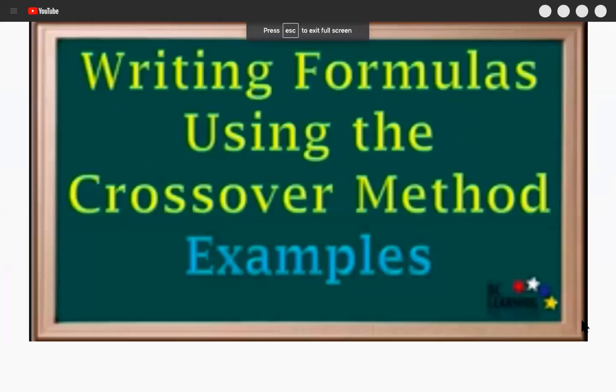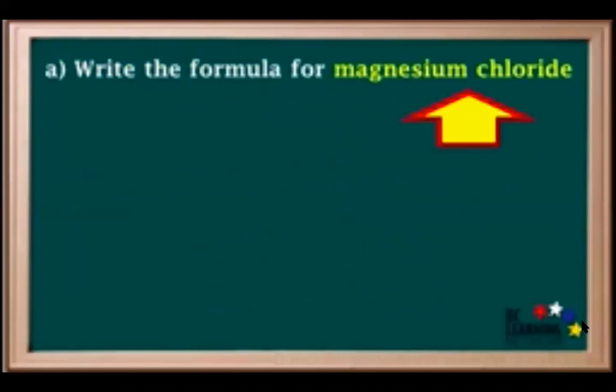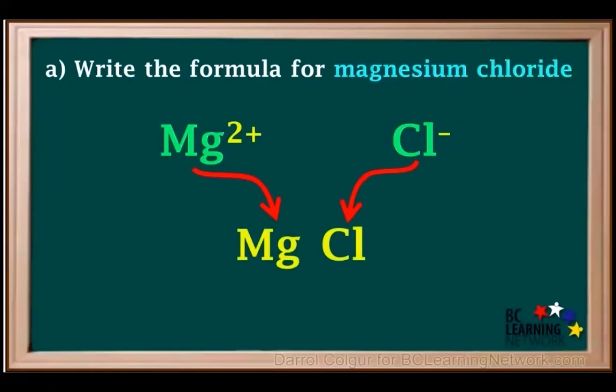The crossover method is a shortcut way of writing formulas for ionic compounds if you know the charges on the ions in the compound. We'll go over a few examples. In example A, we're asked to write the formula for magnesium chloride. Looking at magnesium on the ion table or periodic table, we see it's Mg with a charge of 2 plus. And chloride is Cl with a charge of minus 1. We start the formula by writing down the symbols Mg and Cl.